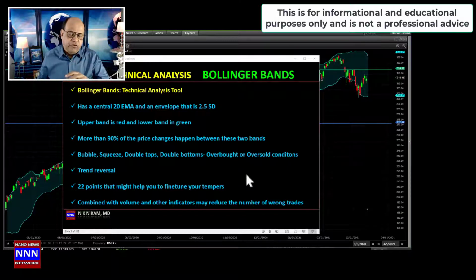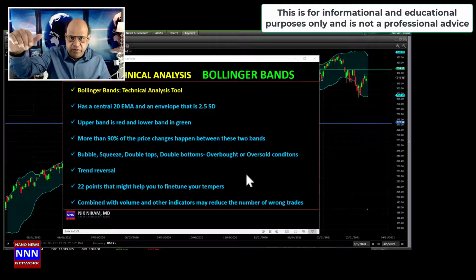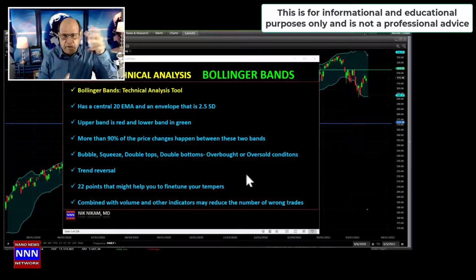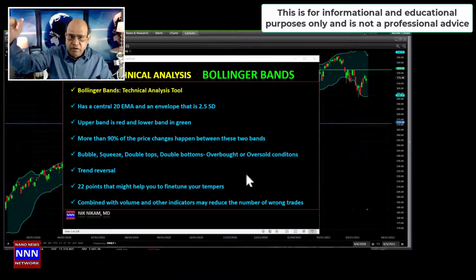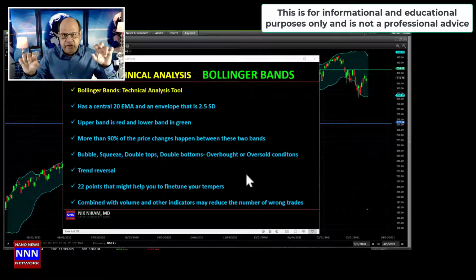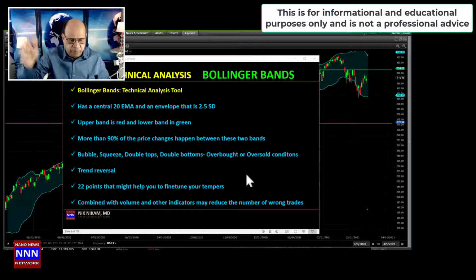That's when you have to use other indicators to see if it can help you to navigate. The main trend might help you. If you have a bubble and the main trend is going up, chances are after this consolidation, the prices are going to go up. I always include multiple parameters to fine-tune my entry and exit.